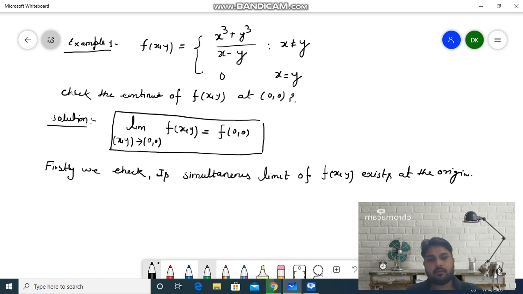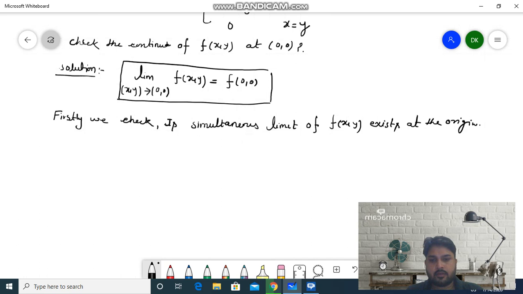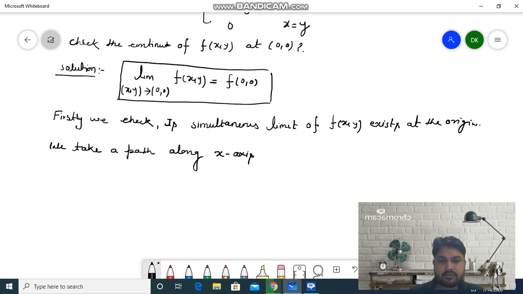For that, we take a path along the x-axis passing through the origin. Say the path is y is equal to 0.